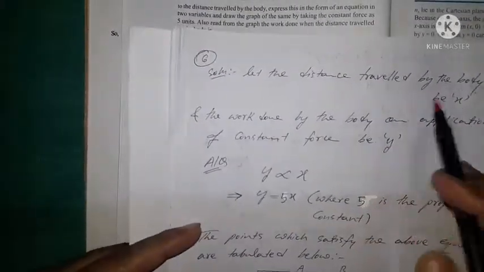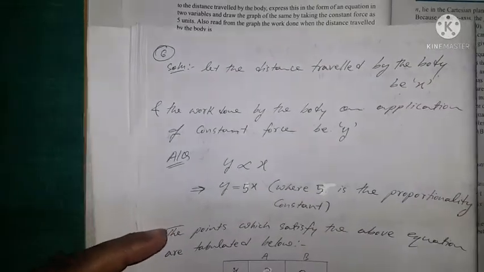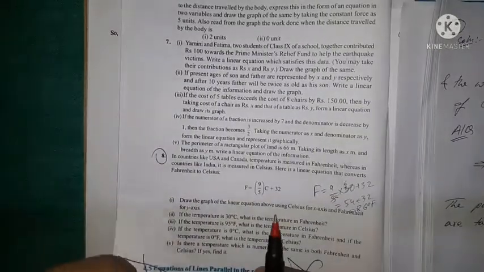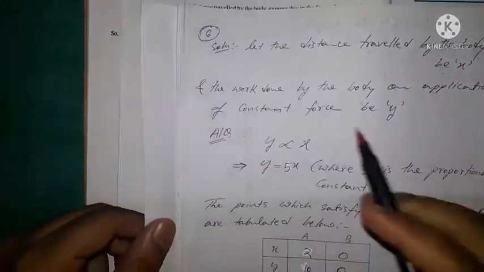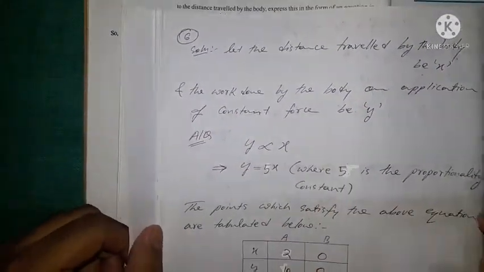So let the distance traveled by the body be x, and the work done by the body on application of a constant force be y.